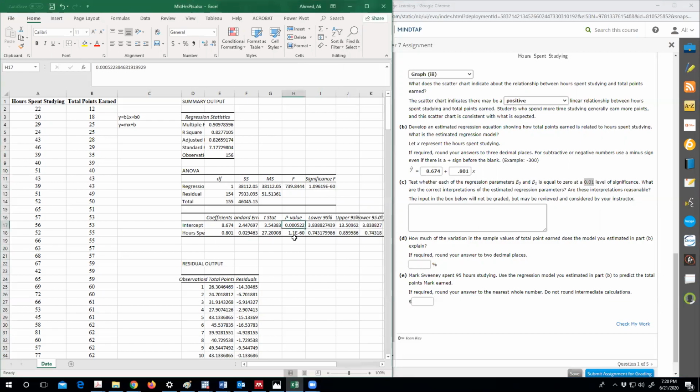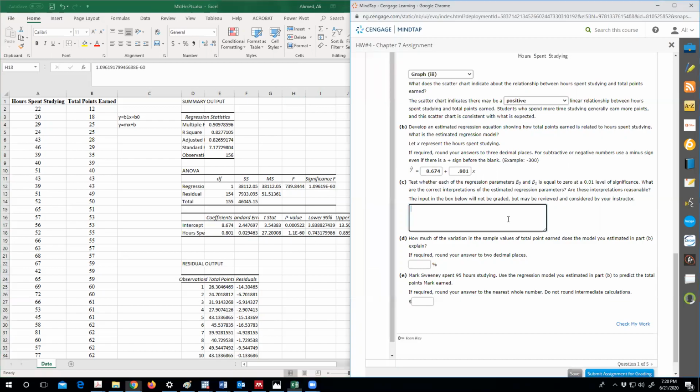They are significantly different from 0, and I can see this from the p-value, because at 0.000 they still exist and they are not 0. So we can reject this test. Beta naught and beta 1 are not 0 at the 0.01 level of significance.